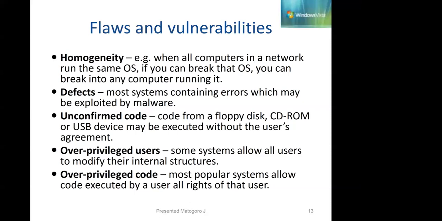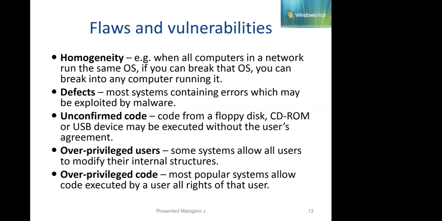So if you can break that operating system, then you can also break into any computer running it, like previous operating systems which were insecure, like maybe Windows XP, Windows Vista, Windows 7, and even the recent Windows 8 has also had some challenges. And defects, it's also happened mostly in systems containing errors, which may be exploited by malware.